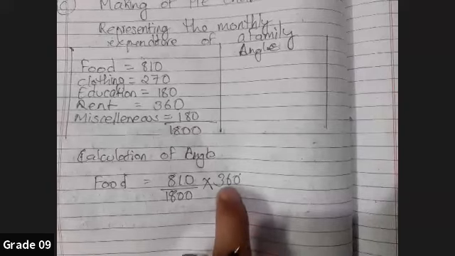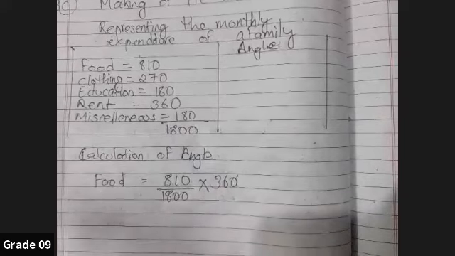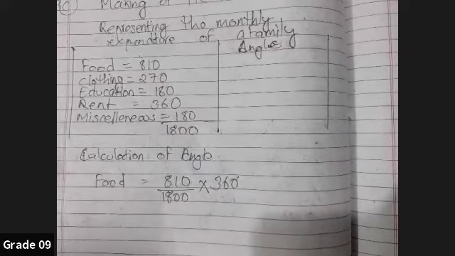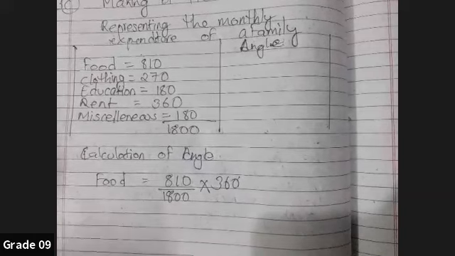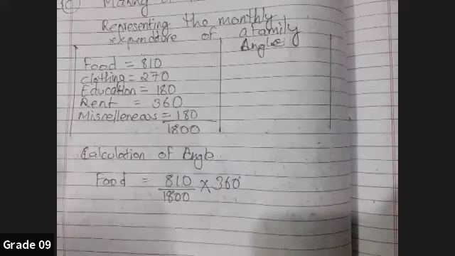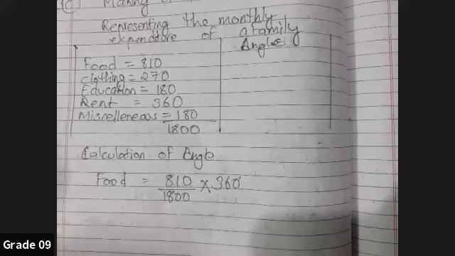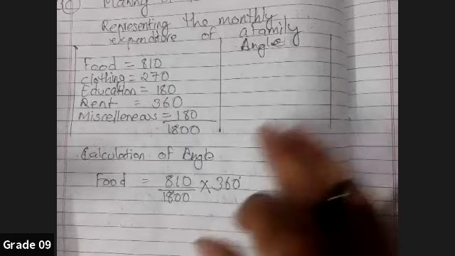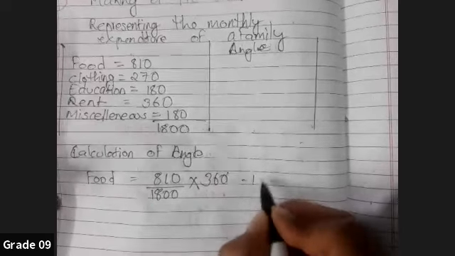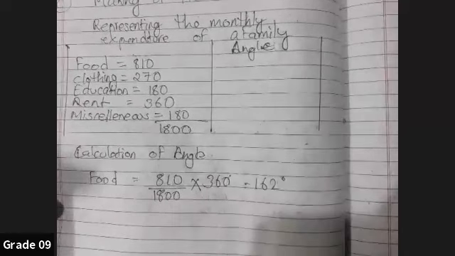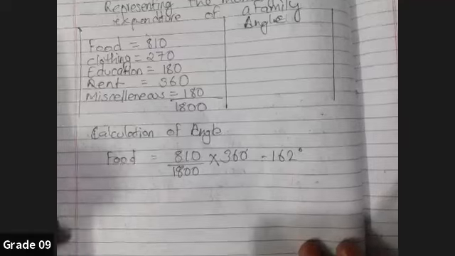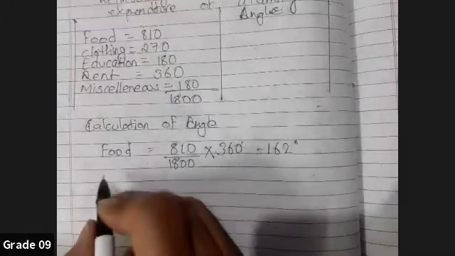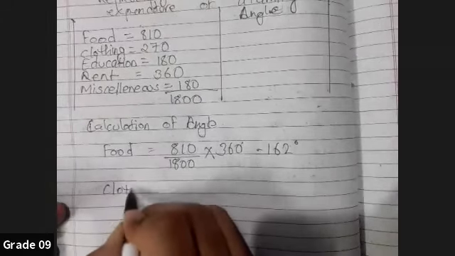That's why the total degree is 360, that's why it is into 360. So it is 810 into 360 divided by 1800. If I do that, I'll get 162. So it's 162 degrees. You can also check on the calculator to verify my answer. If I am wrong, please correct me.